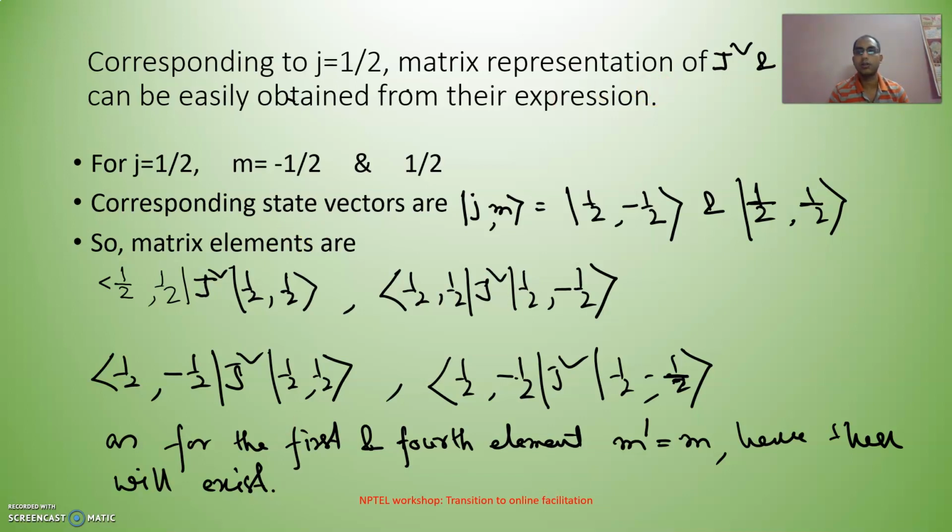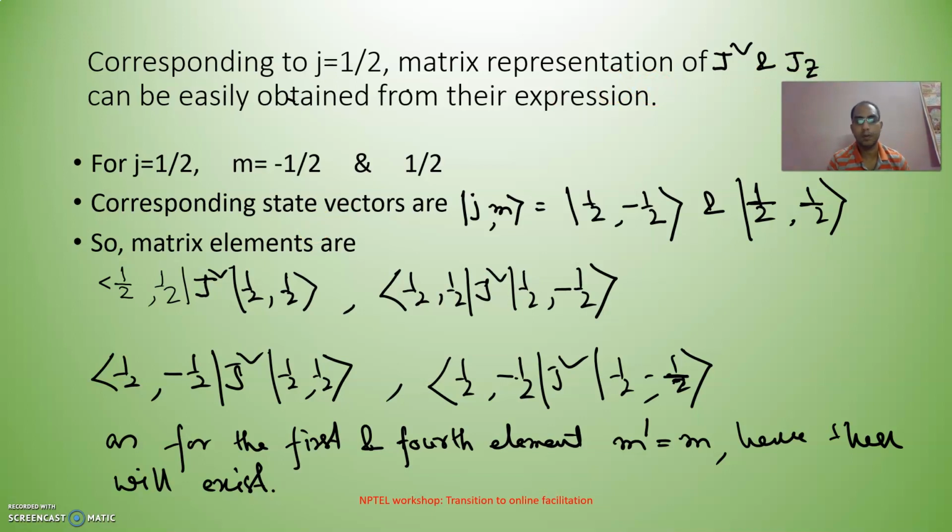For j equal to half, the m value will be minus half to plus half. There are two states, the half state and the minus half state. Corresponding to these states we have four matrix elements, and among these four only the first and the fourth will exist, because only in those cases m prime is equal to m.